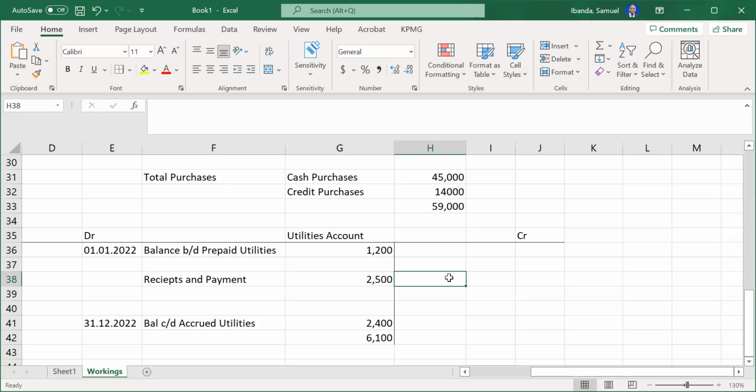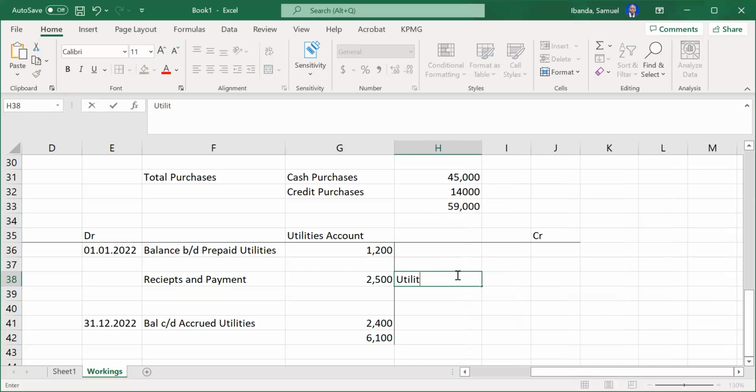So I'll just put this figure here and say, you can call it utilities for the year, or utilities recognized.